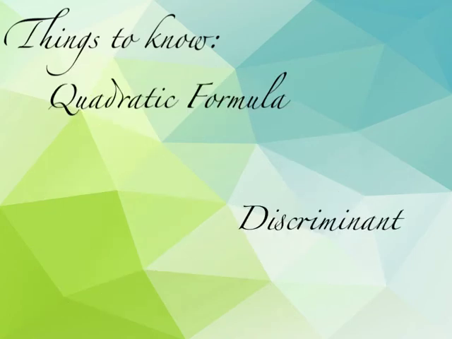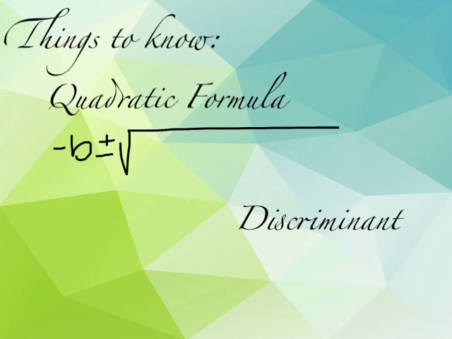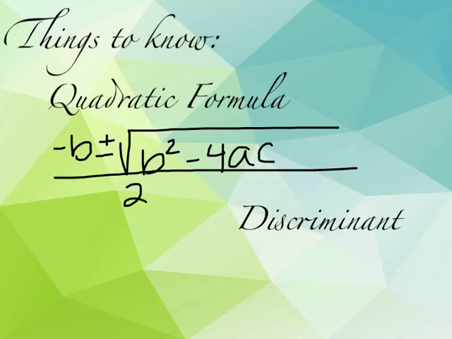So let's remember our quadratic formula is negative b plus or minus the square root of b squared minus 4ac all over 2a. And we plug those in from our quadratic equation that we're given.